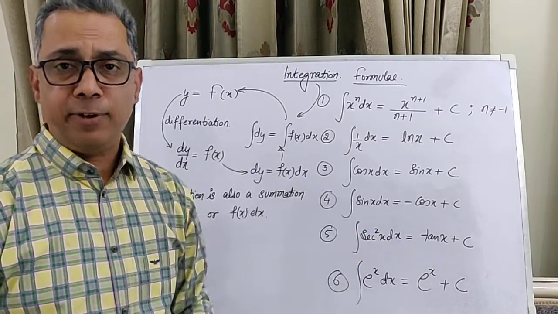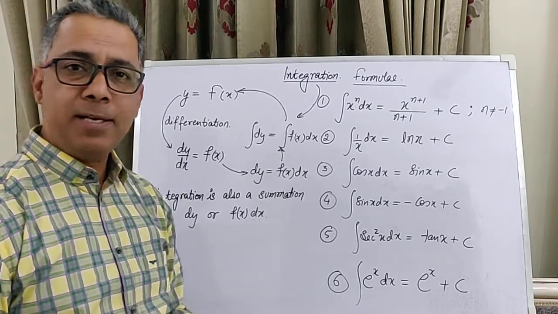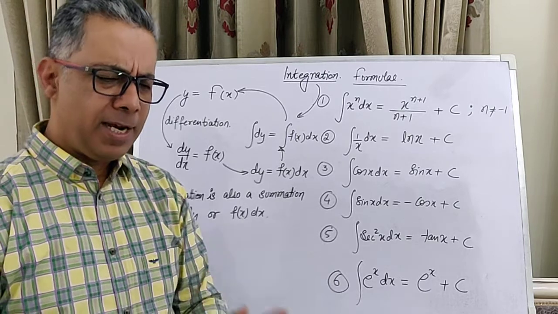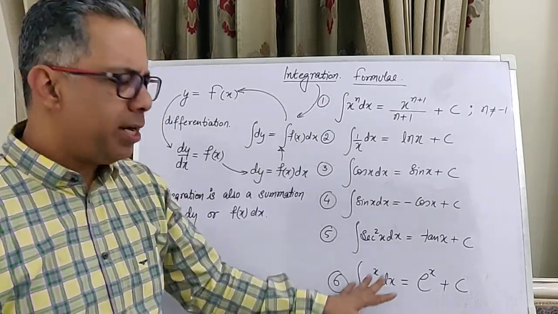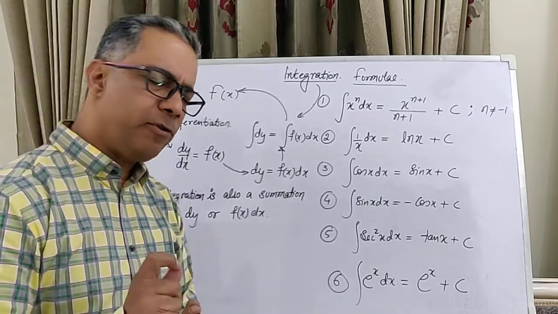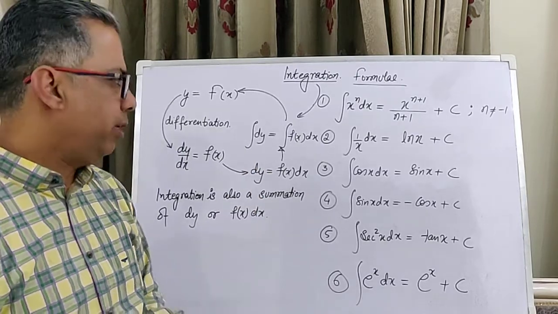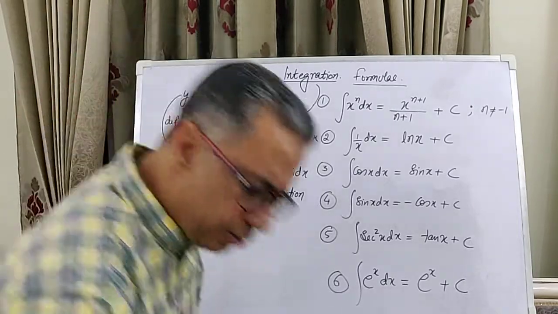There's an infinite variety of functions that you might end up integrating in mathematics, but in physics we can manage pretty much with some more addition to this list of 6 formulae. So therefore I will now give you some of those techniques we'll be using for the slightly more complex kind of functions.